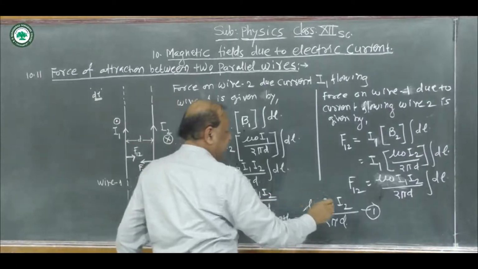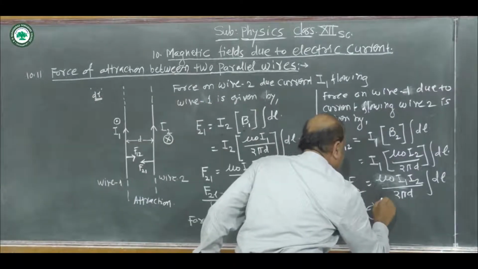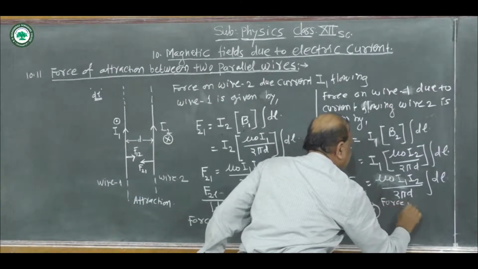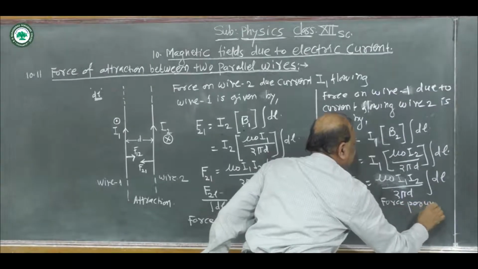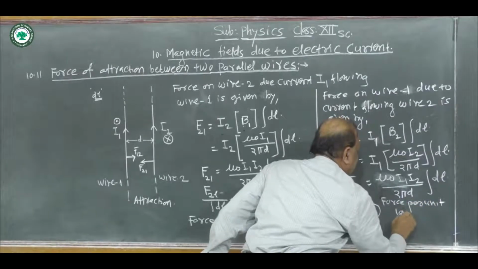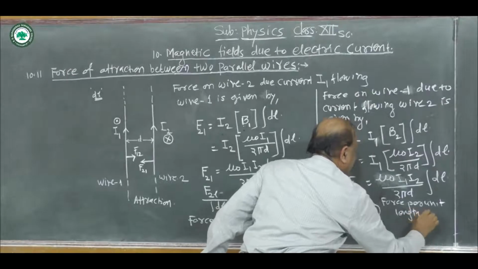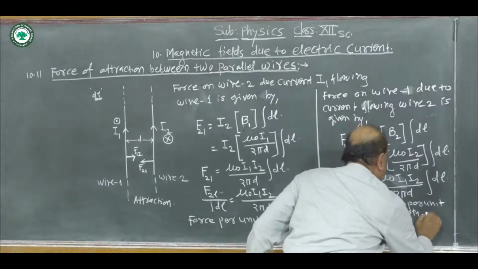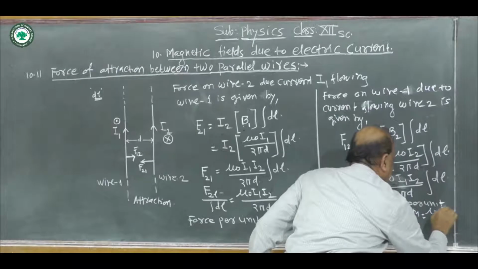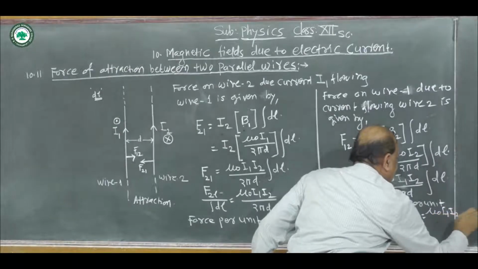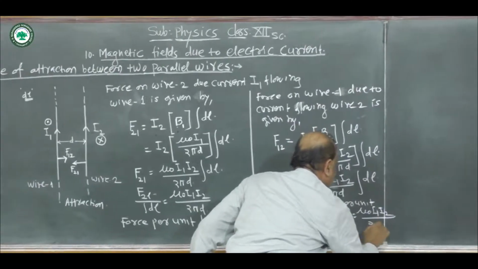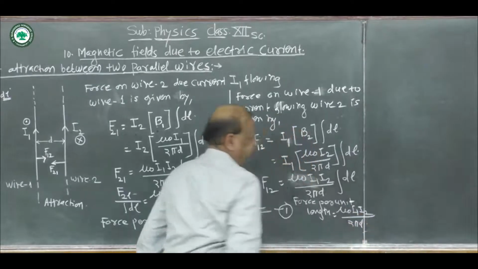Again I write the force per unit length is the same, that is mu 0 I1 I2 divided by 2 pi d.